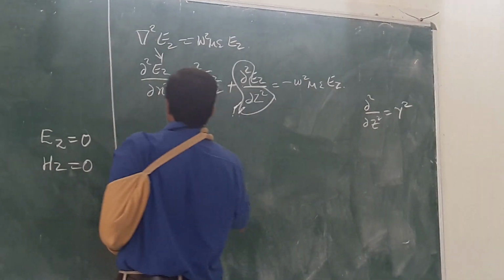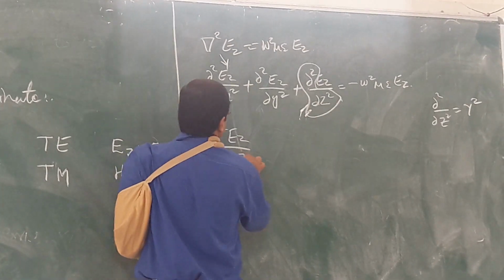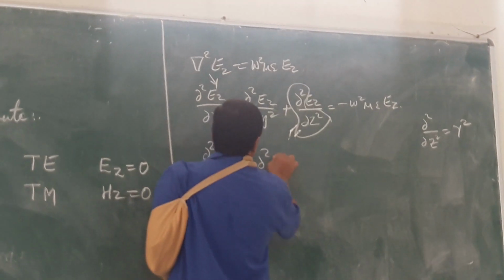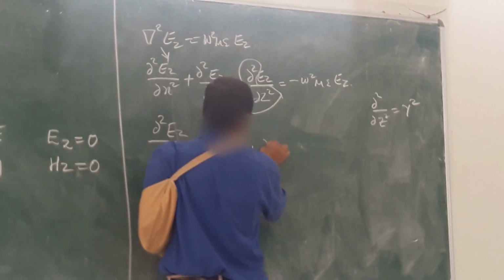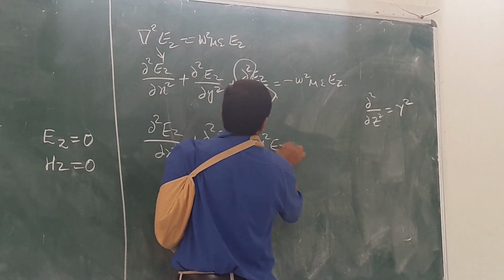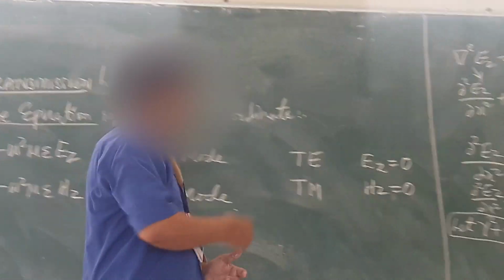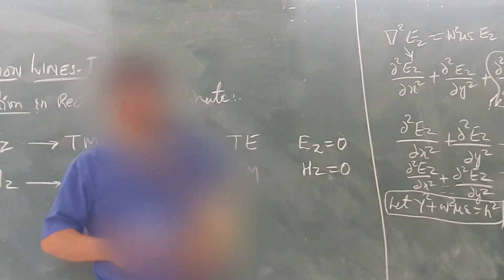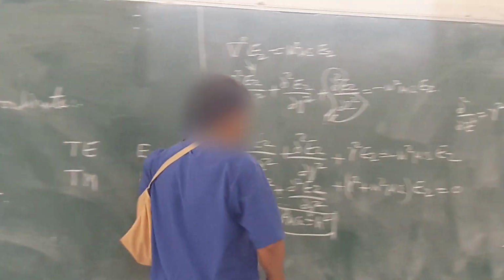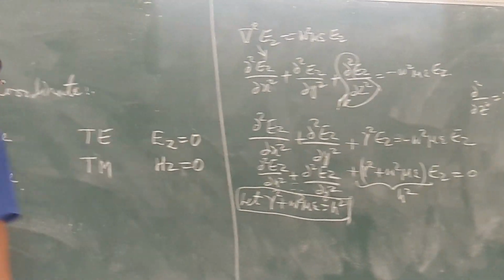Just substituting that, one operator x square, here we will replace with the value x square, and we get the equation.